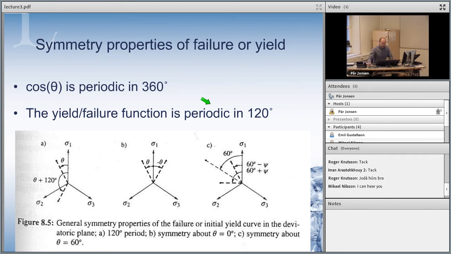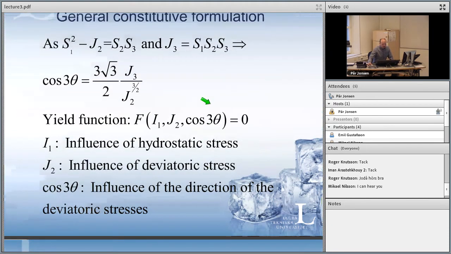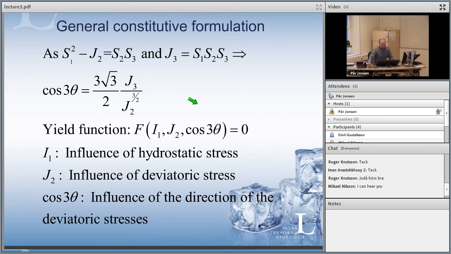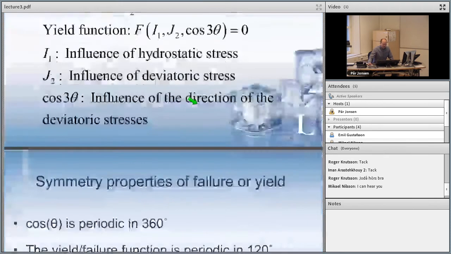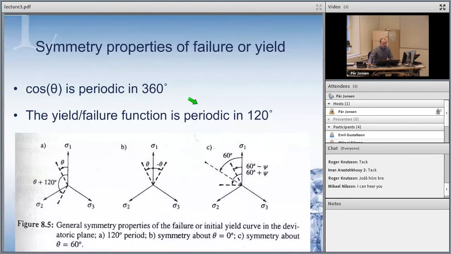I was talking about this direction here in the end, the yield function, and I got a question: how is it shown, is it proven, that you have this property, and where do you get it from? So if you look at the last term here, I only say that it's the direction in the deviatoric stress plane. If you build this up here, you have cos theta, and you look at the coordinate system.